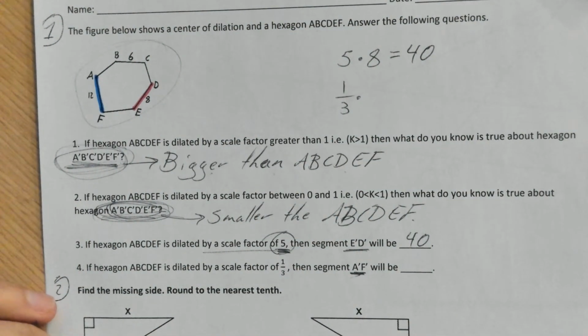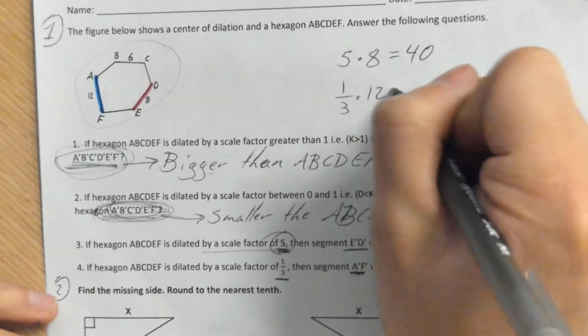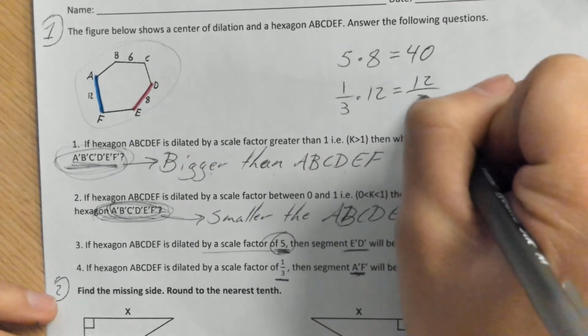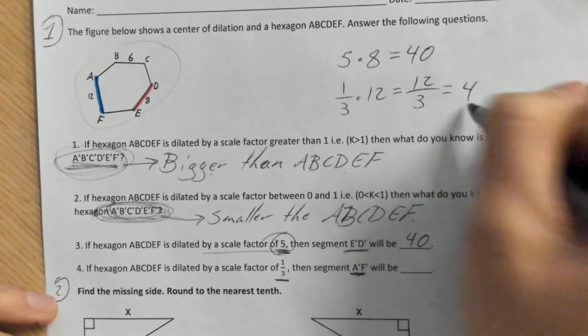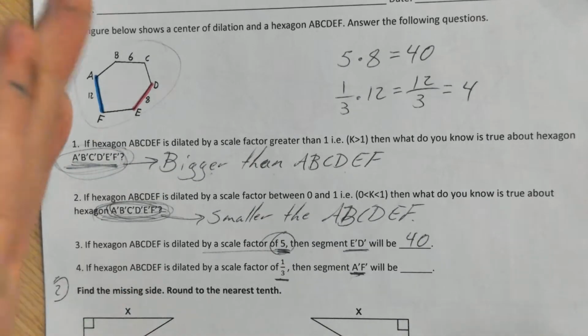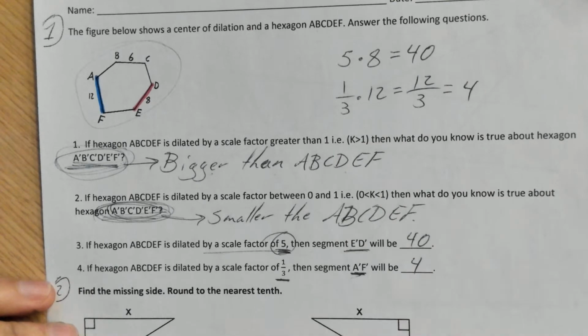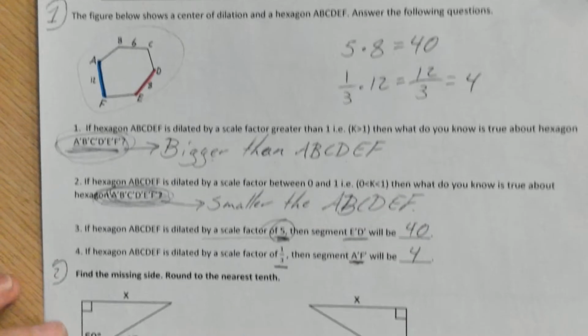If 12 is dilated by a scale factor of 1/3, the process is the same: 1/3 times 12. This gives us 12 divided by 3, which is 4. So you see this one shrank, this one got smaller. So the answer is 4. And that's it. That's question 1.